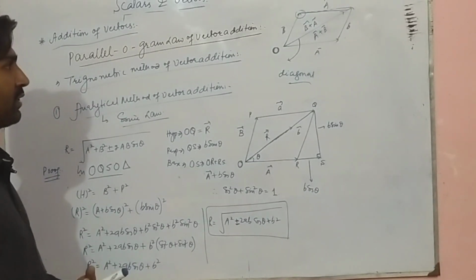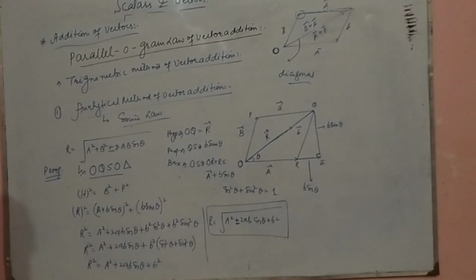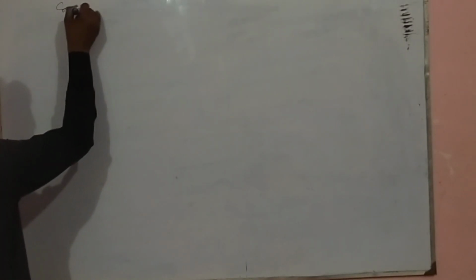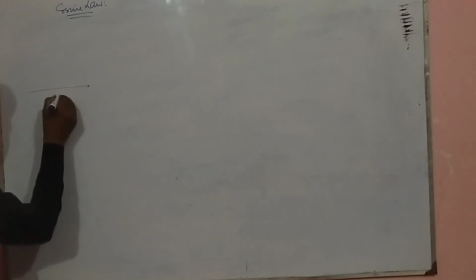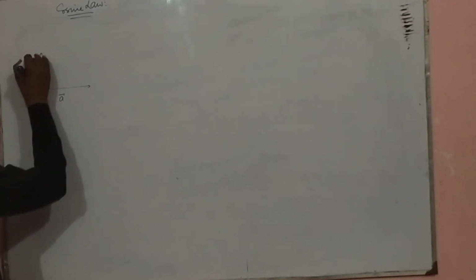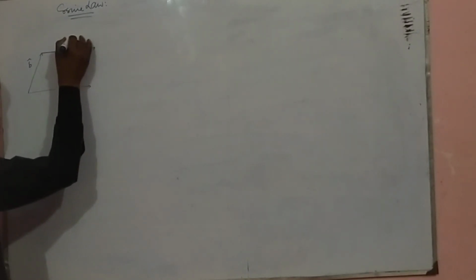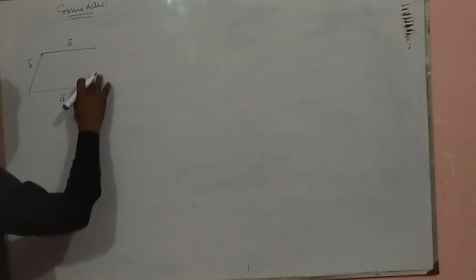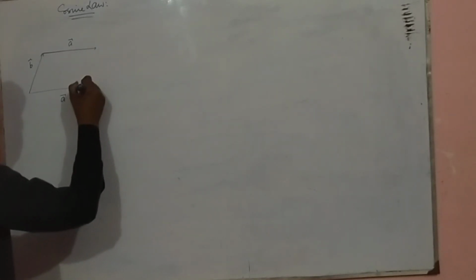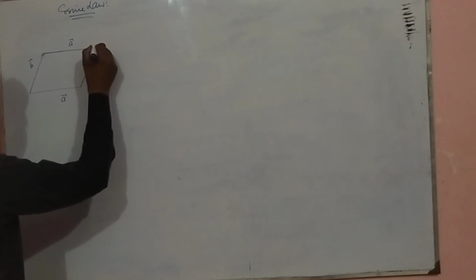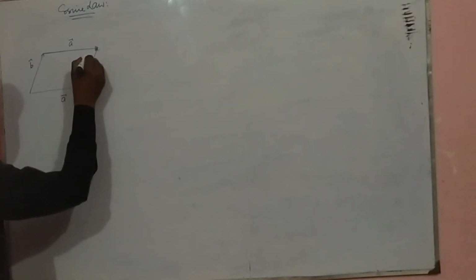For the direction of the resultant, let's say this is the a vector and this is the b vector.